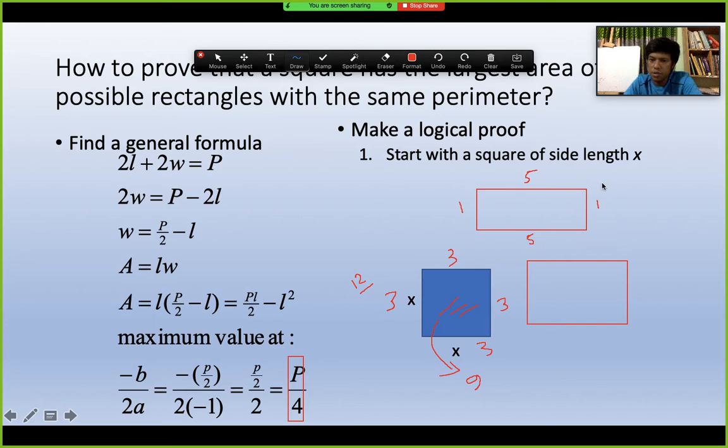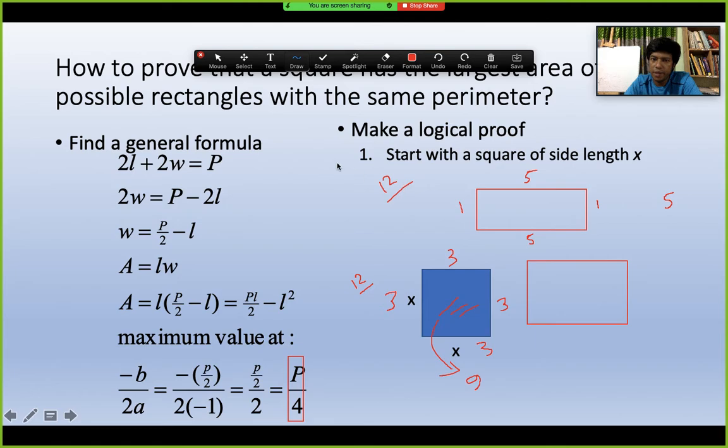So the total is 12. 1 plus 5 is 6, 5 plus 1 is 6. So what is the area of this figure now? Here also the total is 12. The area is length into width, or length into breadth. So the area is 5 into 1, that means 5.